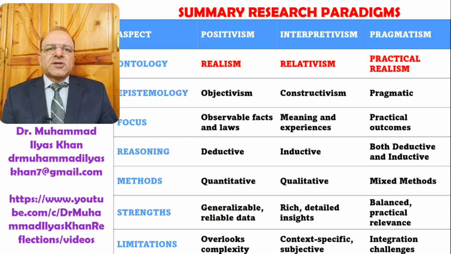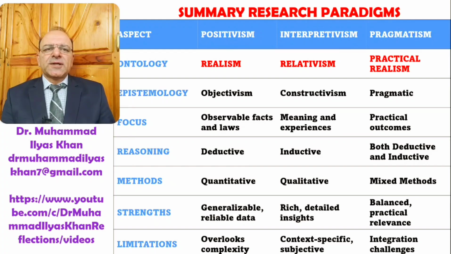Now, an overall summary of the research paradigms. So we have aspects of positivism, interpretivism, and pragmatism, and those aspects include ontology, epistemology, focus, reasoning, methods, strengths, and limitations.